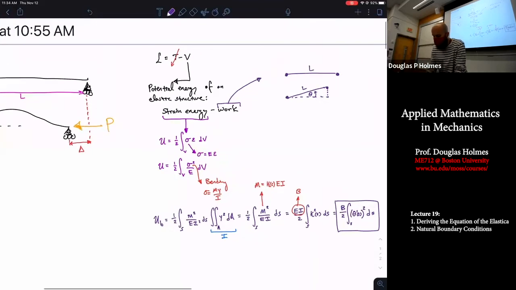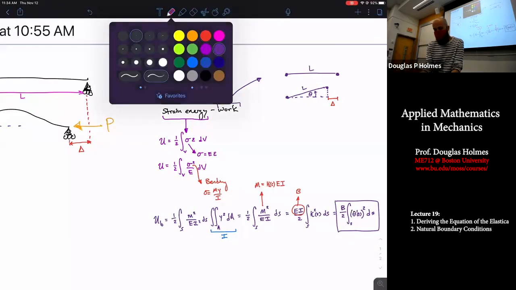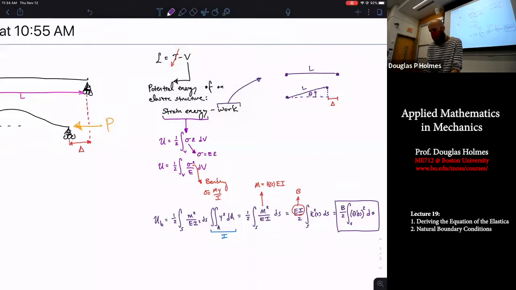Delta here is going to be the difference between this point and that point. If we assume this thing is inextensible, then it's just a rigid bar rotation, and that rotation is given by some angle theta. Based on simple geometry, if that length is the same and this angle is theta, then the length down here is going to be L cosine theta.